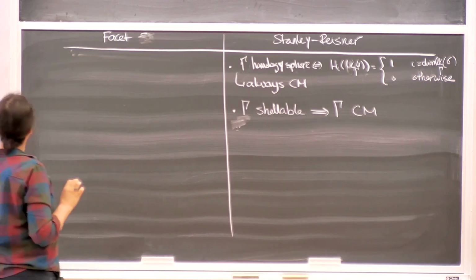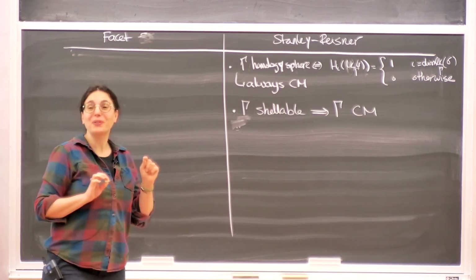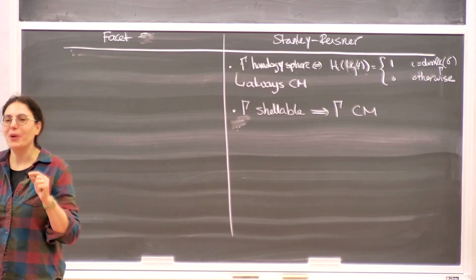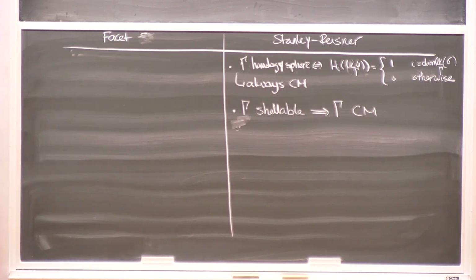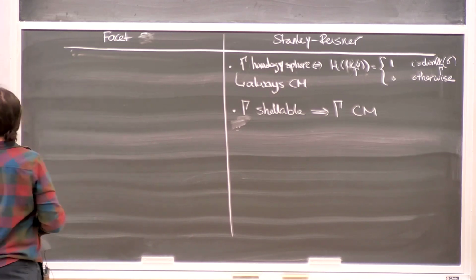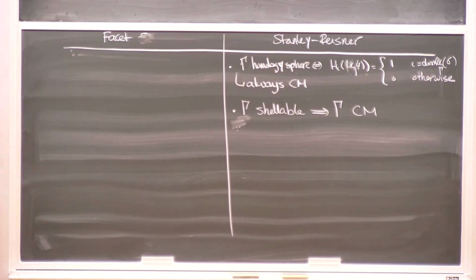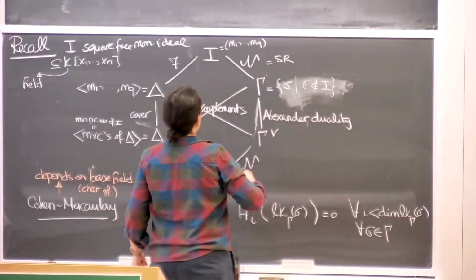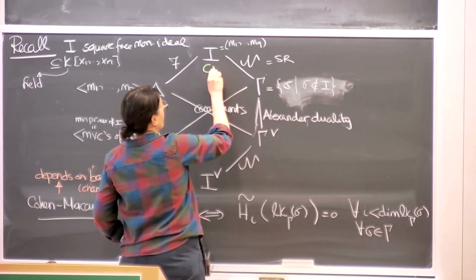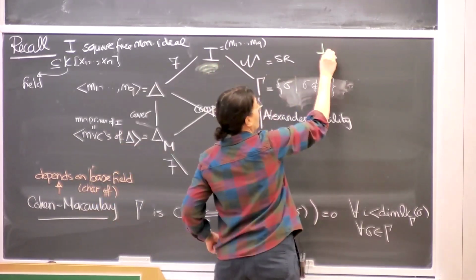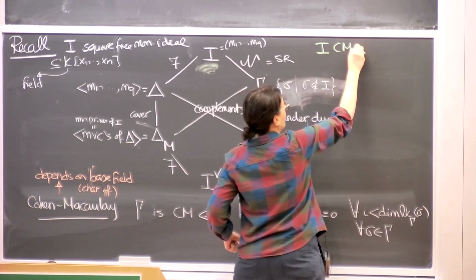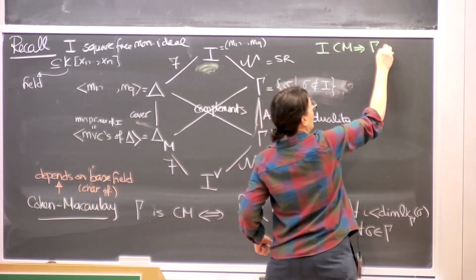So I will show how that happens, but I forgot to tell you one important thing, which is that Cohen-Macaulay implies pure. So a lot of things I say here work for the non-pure case, but I'm really interested in the pure case. I'm going to put this up here. So if gamma is Cohen-Macaulay, then gamma is pure.